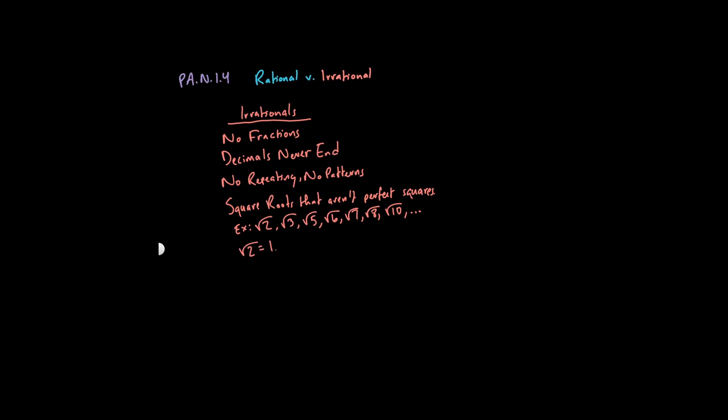The decimal is 1.41421356. What number would come next? It's pretty hard to tell. I don't know what would come next. You'd probably have to have a calculator to know for sure. There's no pattern and it doesn't repeat anything, so it's irrational.